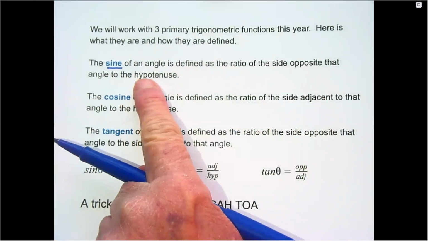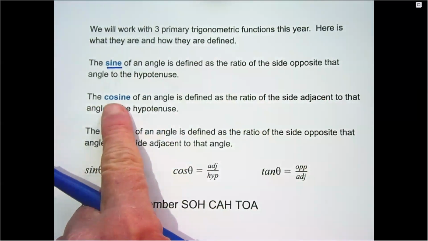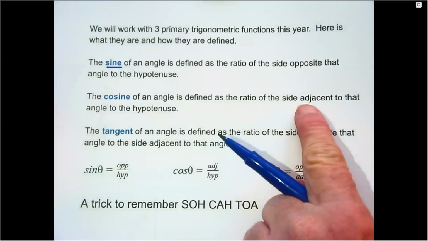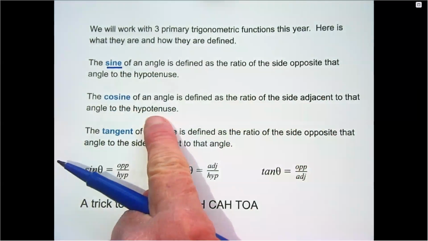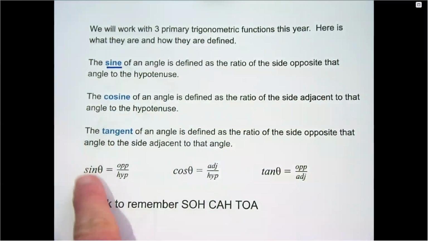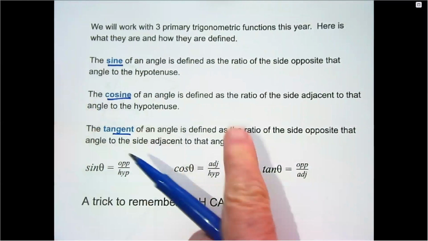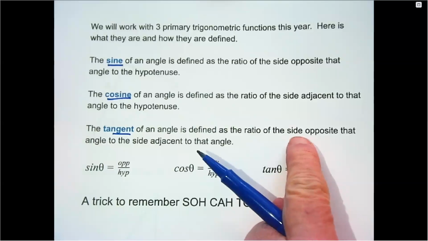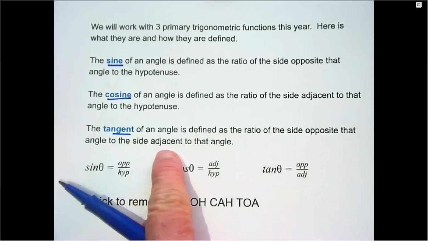I'm going to show you what this all means in just a few minutes. The cosine of an angle is defined as the ratio of the side adjacent to that angle to the triangle's hypotenuse. And the tangent of an angle is defined as the ratio of the side opposite to the side adjacent.